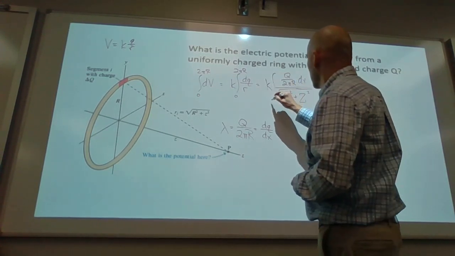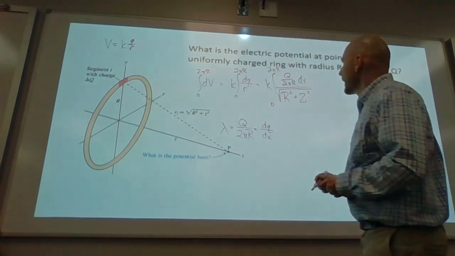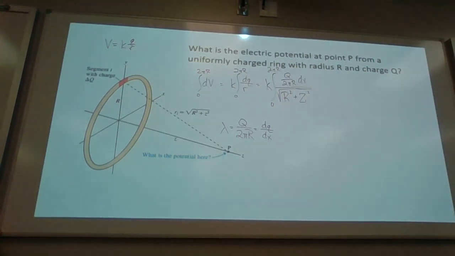Try not to say dq cosine theta. What is dx? No, there's no direction, because it's electric potential. Sorry, never mind.